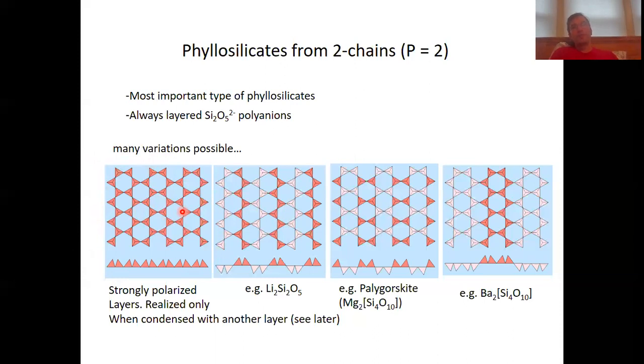Okay, so now here you see a second example in which the polarization within a layer is being reduced.